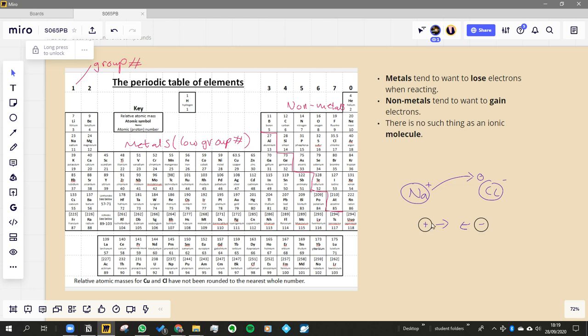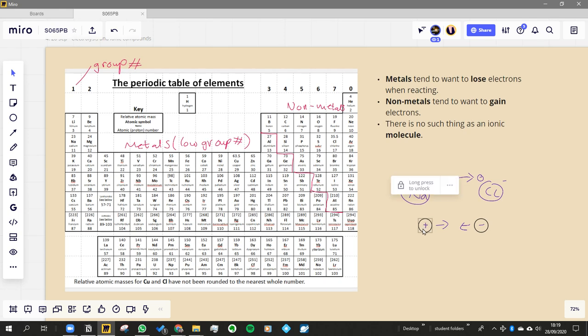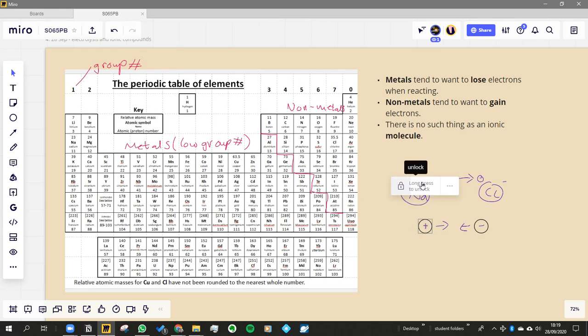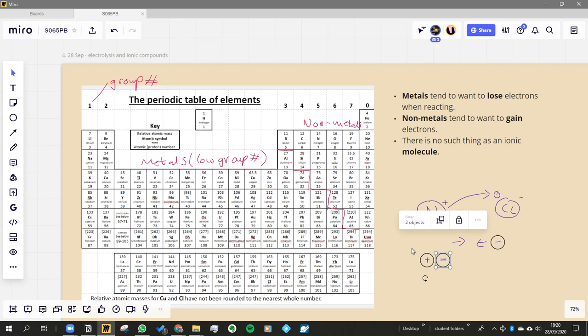But the reason why you can't form ionic molecules is because of this. Let me demonstrate it. If we had these next to each other, they're now very happy because they are attracted to each other, and that's where they want to be.